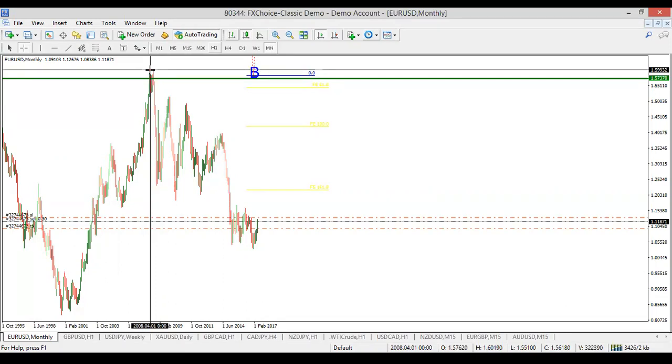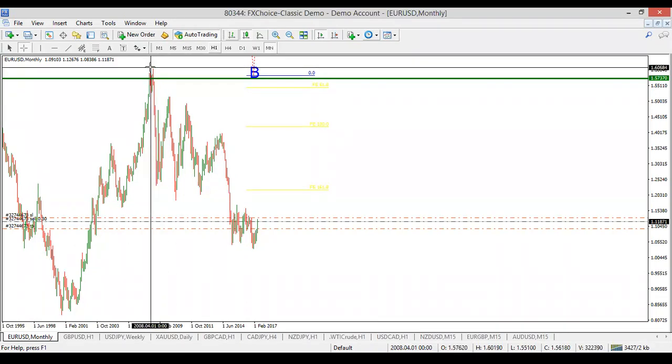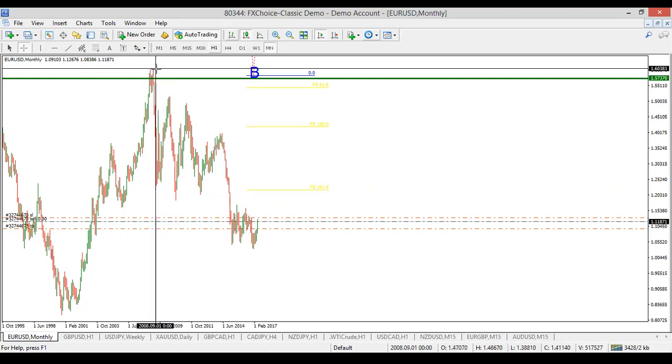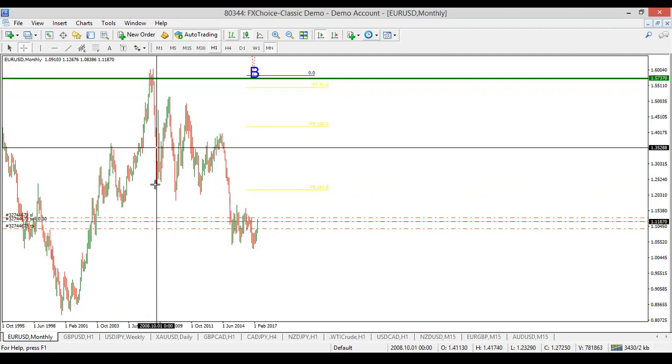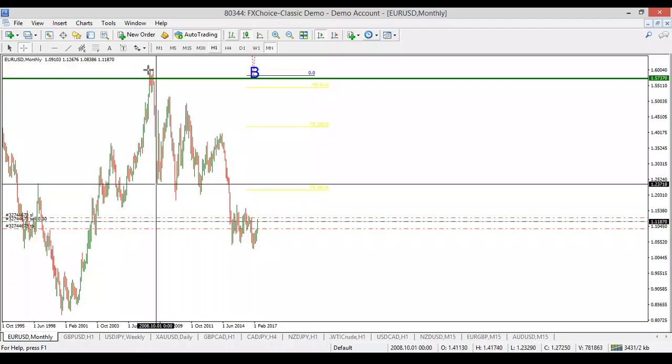2008. Remember the global recession, the crash in the market, that was 2008. Within 2008, it brought the Euro USD back.